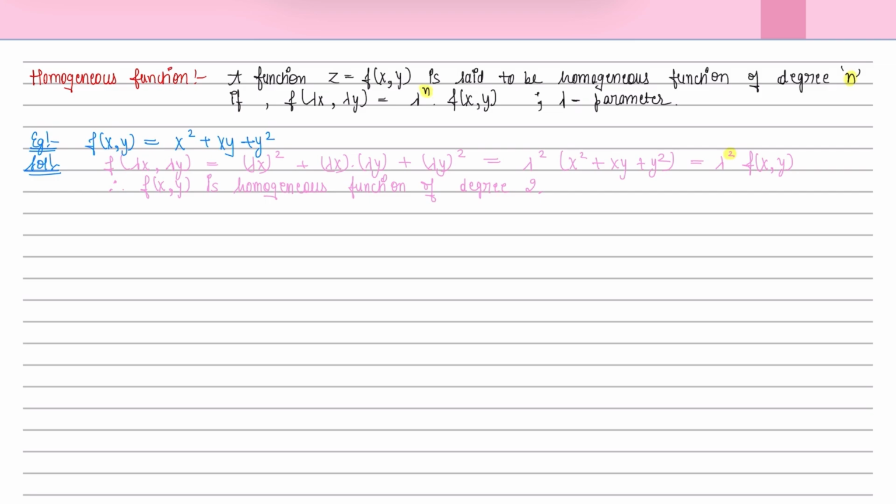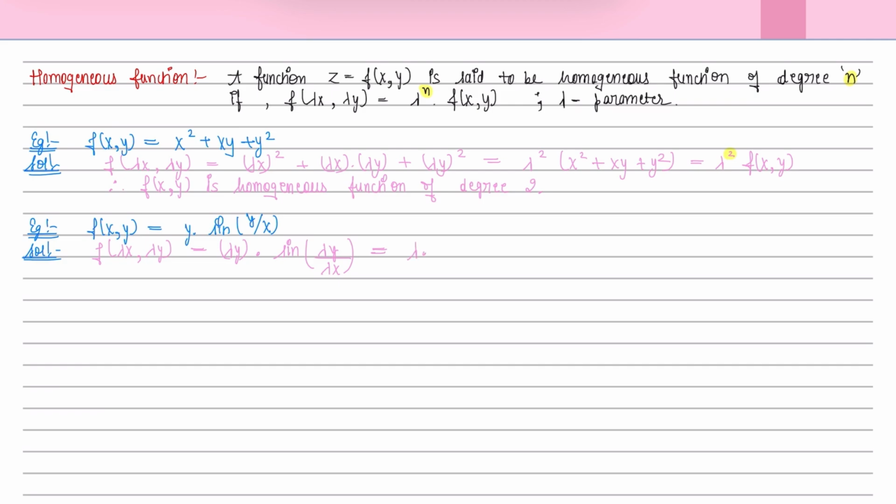Let us try one more question. f of x comma y is equal to y into sine of y by x. Similarly, taking f of lambda x comma lambda y, now replacing y by lambda y and x by lambda x in this function, this becomes lambda y into sine of lambda y divided by lambda x.